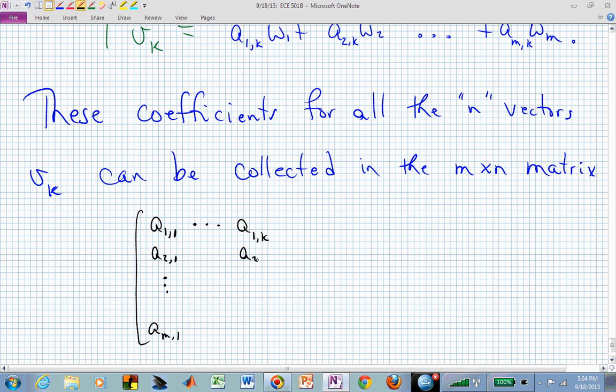This is A sub 2,K. And this is now A sub M,K. And we just continue to do that for N columns. We now have A sub 1,N, A sub 2,N, or row 2 column N, all the way down to A sub M,N.